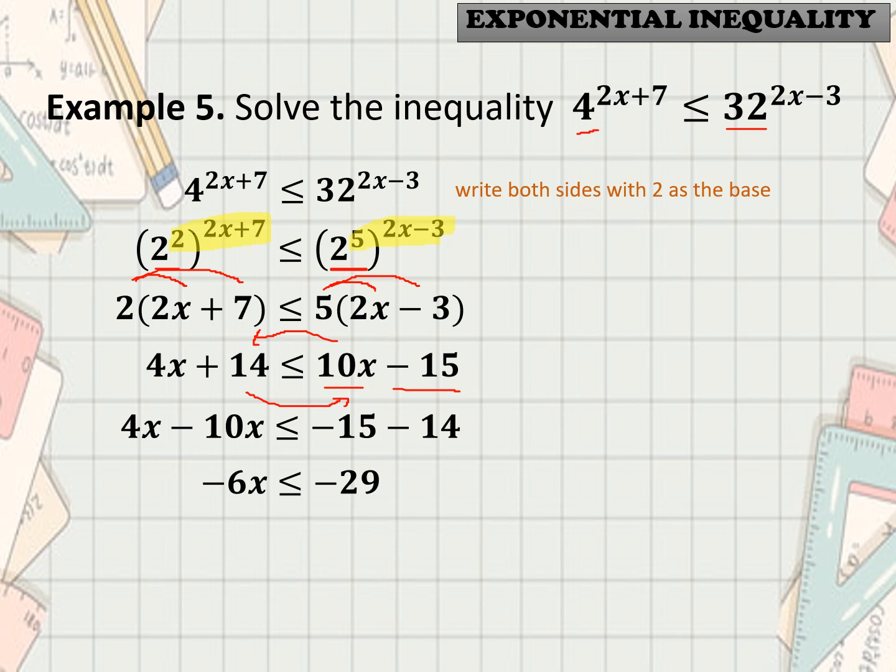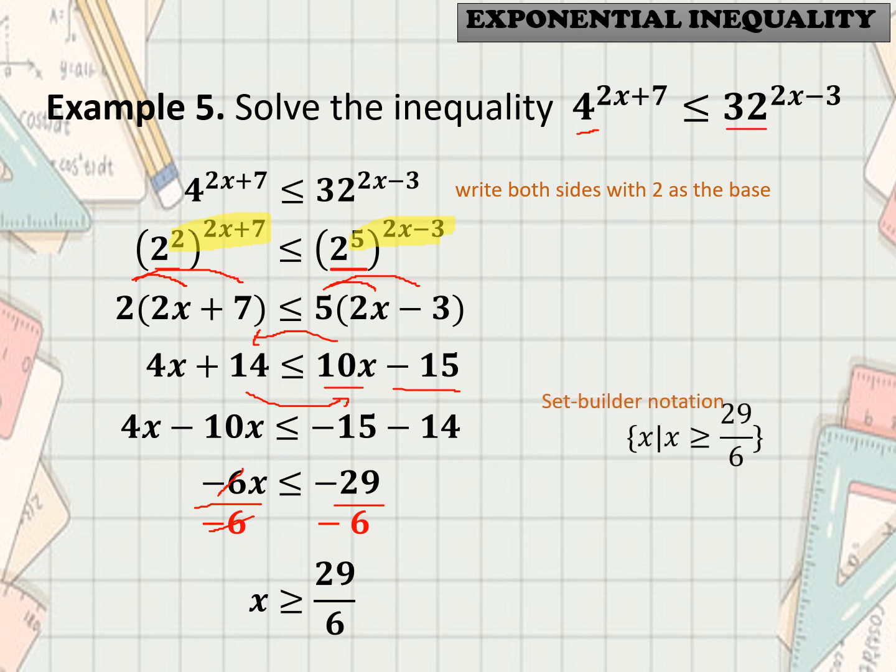So, now let's divide both sides by negative 6. So, divide natin yan para makancel itong negative 6. So, kapag nagdi-divide tayo ng negative number, again, mag-change nung inequality symbol. So, ang ginamit natin dito is less than or equal to, so magiging x is greater than or equal to positive 29 over 6. So, ito yung ating magiging final answer.